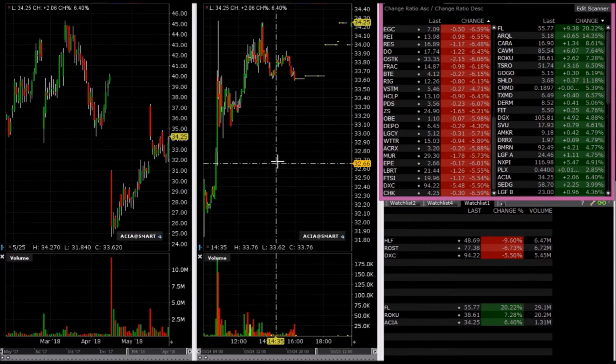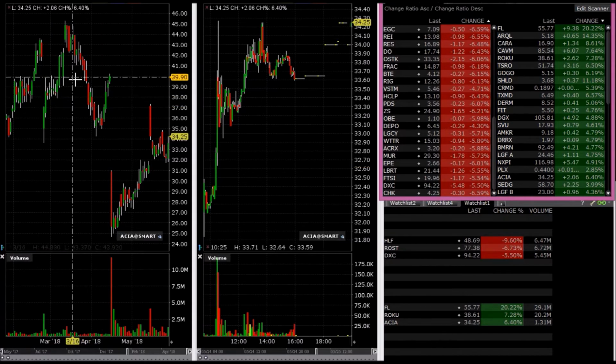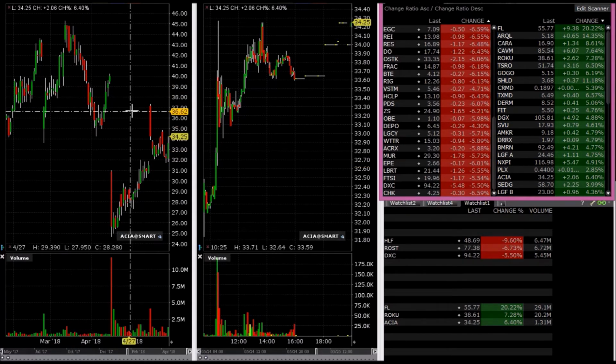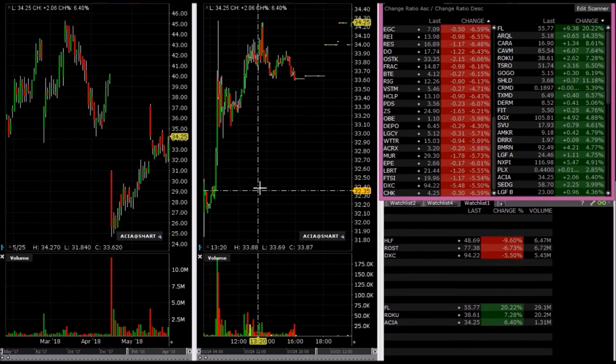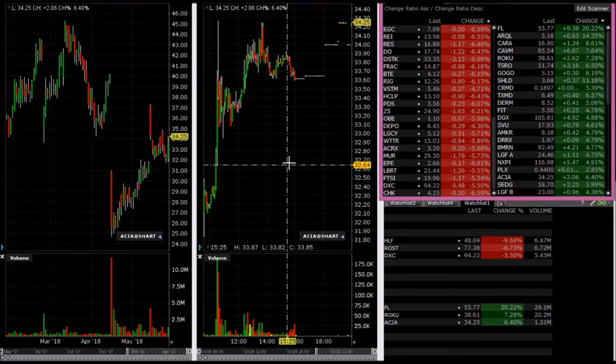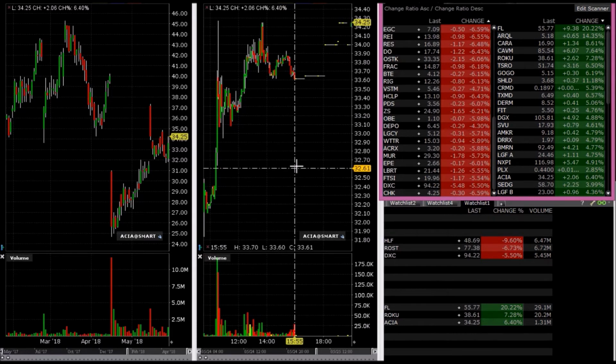If the daily is trading strong, and the intraday is trading strong, then I'll have more leisure on my stops. I'll have a bigger stop. Again, I always do mental stops. Sometimes I'll put in hard stops, but because those squeezes will get you out, and then they'll go back to the original trend a lot of times. But that's basically it.